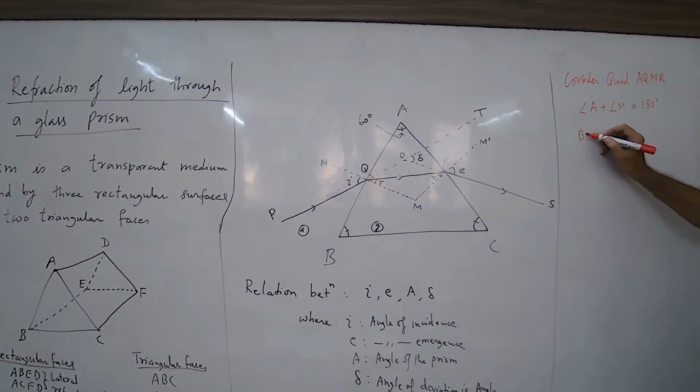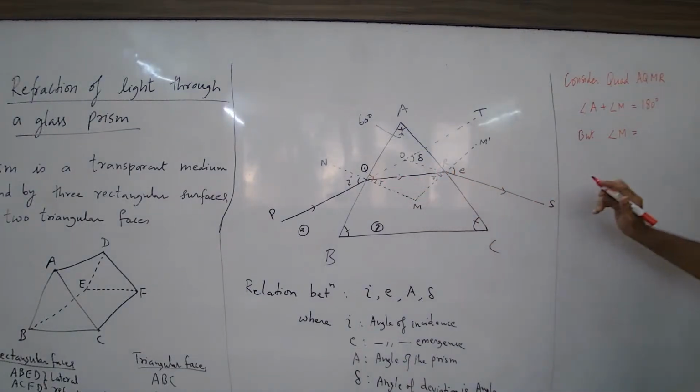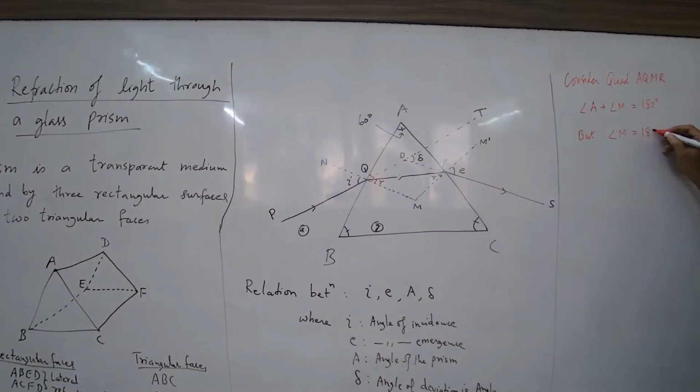Now, but what is M? Angle M is equal to, from this triangle, 180 minus 2R. Correct? Isn't it? From triangle QMR, we'll apply the angle sum property, right?